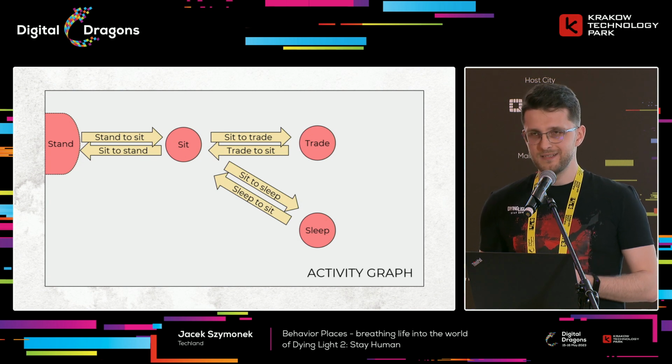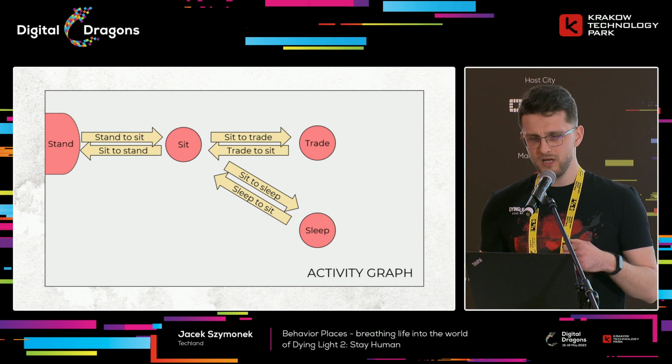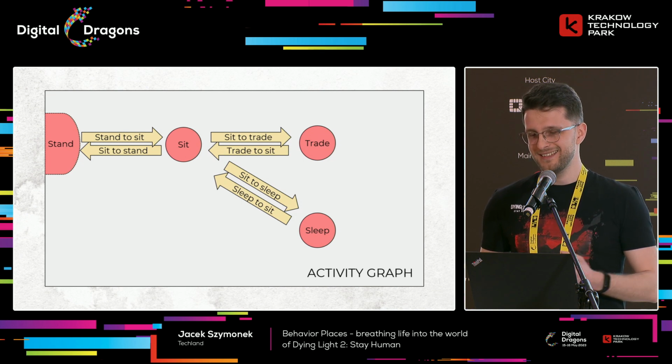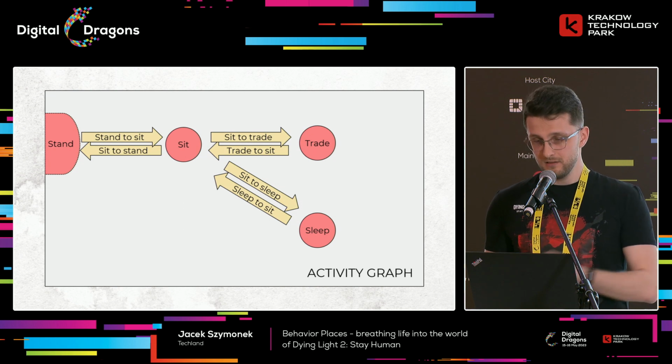This type of graph is much more constrained than the animation graphs. For our purpose, animation graphs had too many moving parts, and so activity graphs became easier to create and maintain. It is also much easier to validate and analyze this structure, which also became crucial for us. And I'll come back to that later.